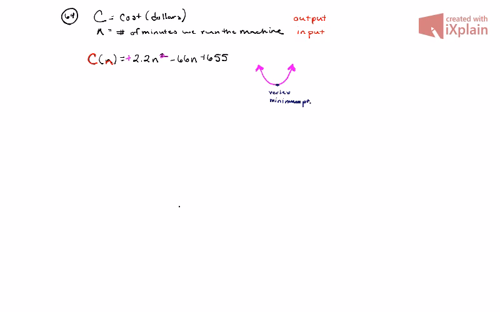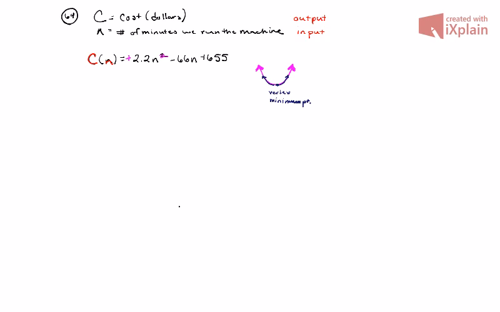If I were to ask you to find a point that is lower than the vertex, you wouldn't be able to find one, because everything after the vertex is slowly growing upward. So we have some tools in order to calculate the vertex. That's going to reveal the number of minutes, and then from there we can find the minimum cost.